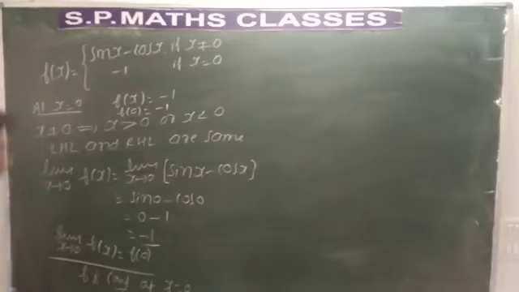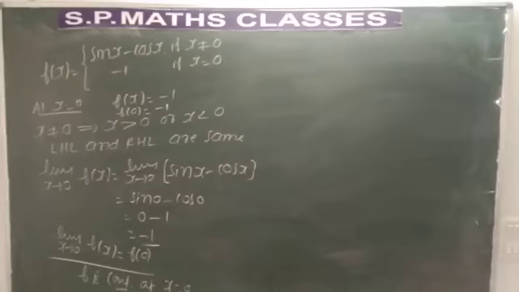I think you have understood this problem. Very simple and easy to understand. Please look at the problem carefully. At x is equal to 0, f of x is minus 1. F of 0 will be minus 1. And when x is not equal to 0, it clearly implies x is greater than 0 or x is less than 0. Left hand limit and right hand limits are same.